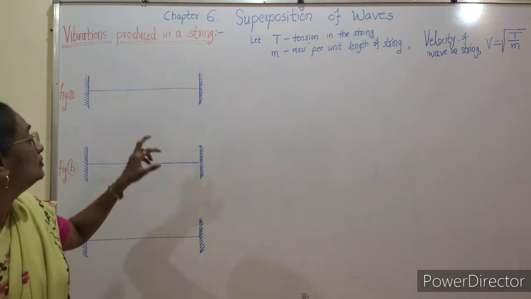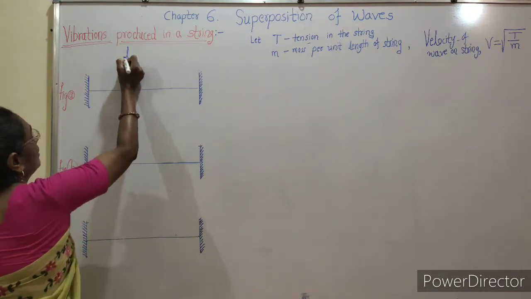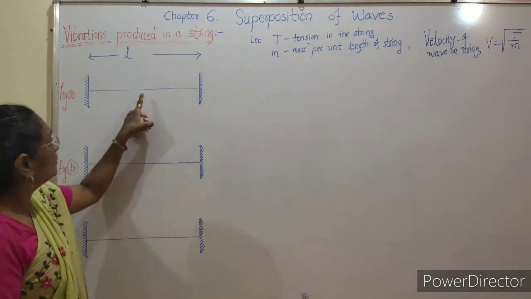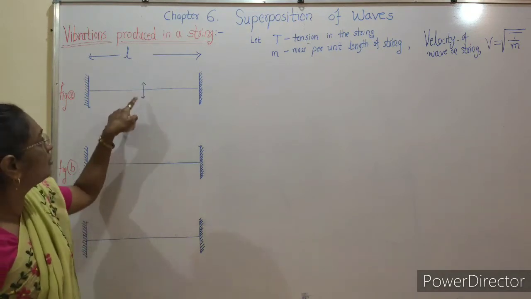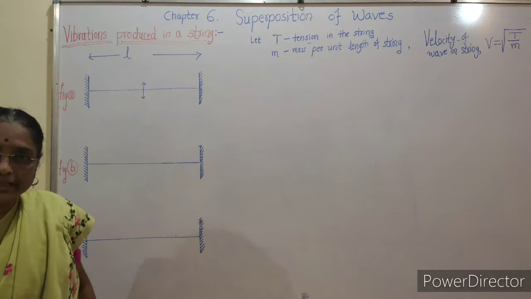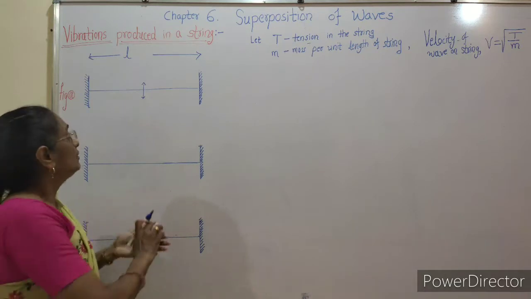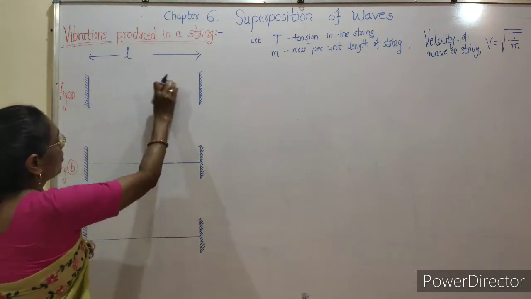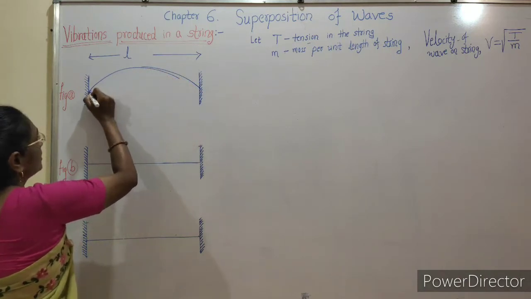If here there is a stretched string, its length is L, and it is disturbed at the middle, it is plucked at the middle, meaning it is vibrated perpendicular to the length of the string. Then vibrations are produced along the string, and the string takes the shape of a loop, or we observe a loop on the string.